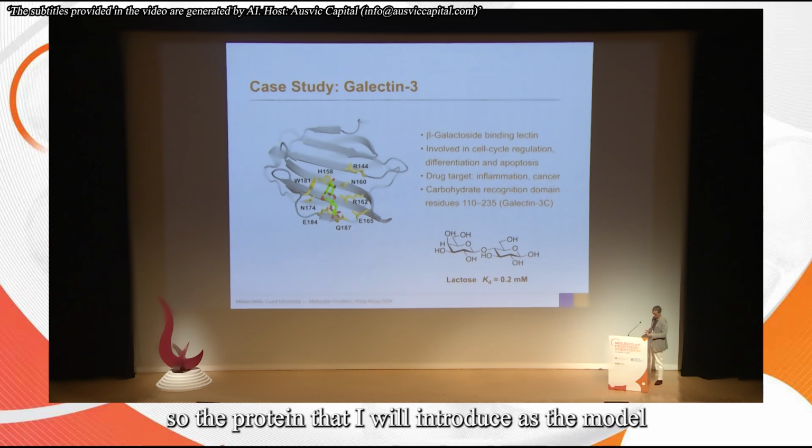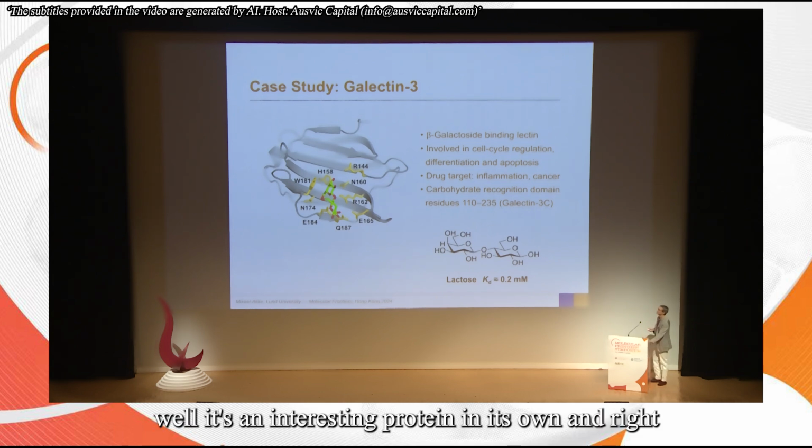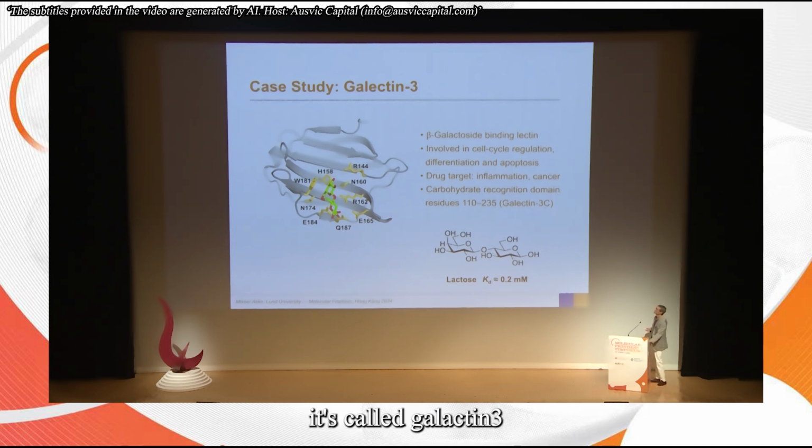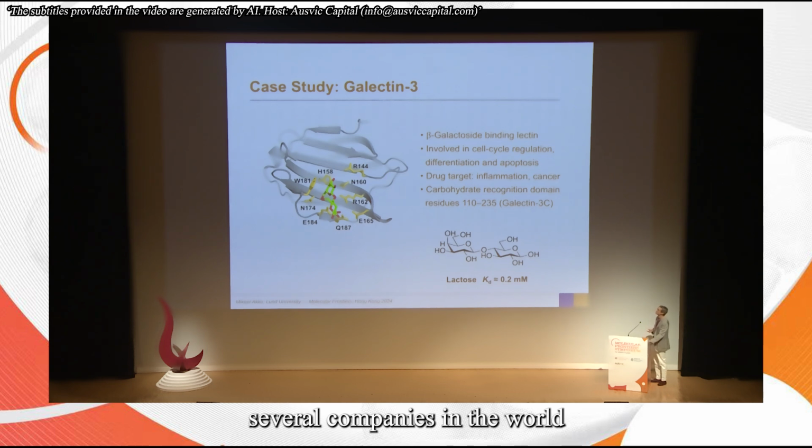So the protein that I will introduce as the model system for studying this is, well, an interesting protein in its own right. It's called galectin-3. It is involved in cell cycle regulation, differentiation, apoptosis, and it is an actively pursued drug target by several companies in the world.